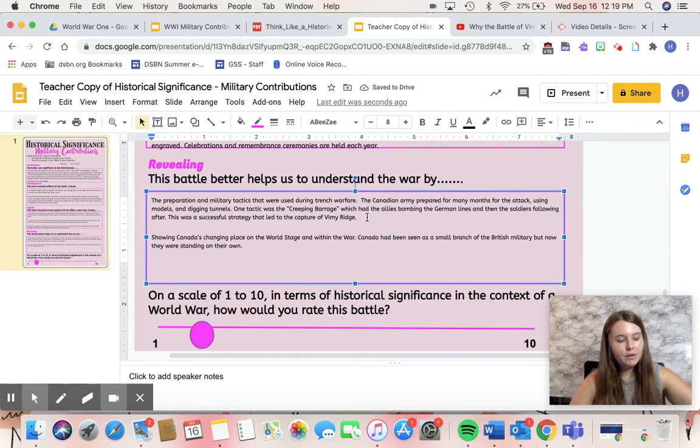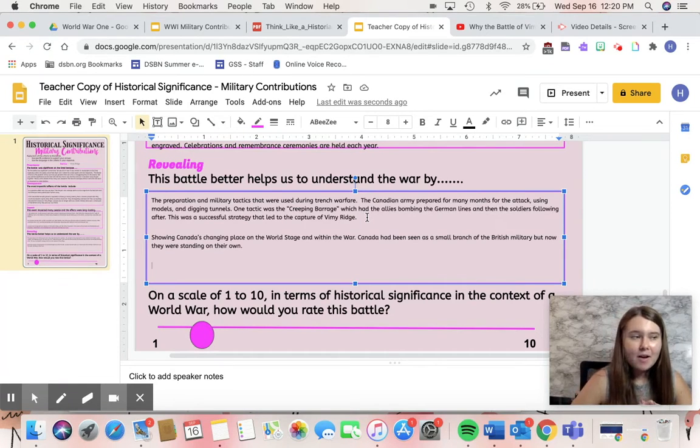And again, we could pull points from the Veterans Affairs, or we could pull points from the video as well as direct evidence. And then it better helps us understand the war, but it also helps us understand how we memorialize war and how we take a battle. And a battle itself is very gruesome.